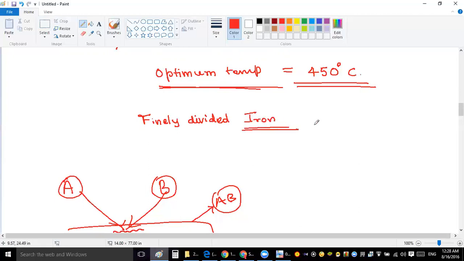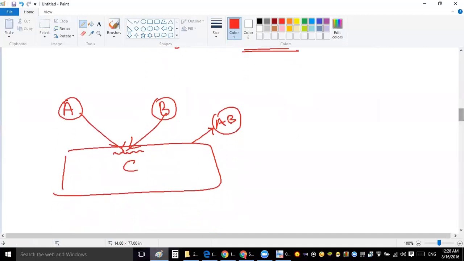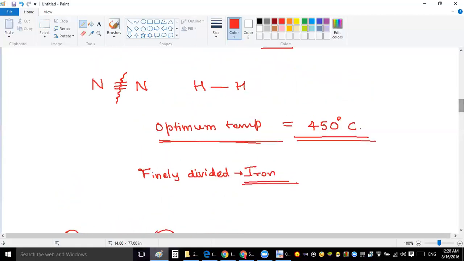Of course, platinum can also be used as a catalyst, but that's expensive. So iron is used as a catalyst. As I've said, a catalyst merely helps to achieve the equilibrium quickly, because the reaction is reversible; it does not affect the rate of reaction.